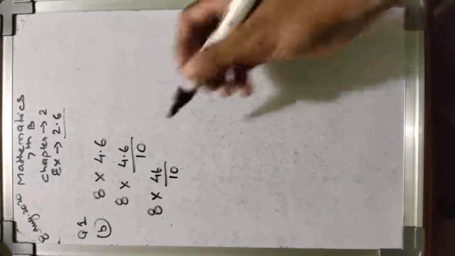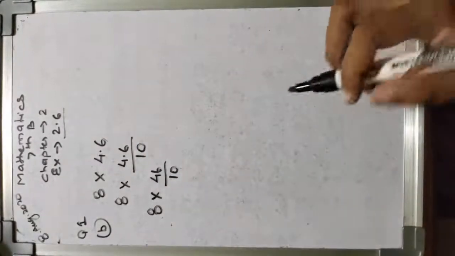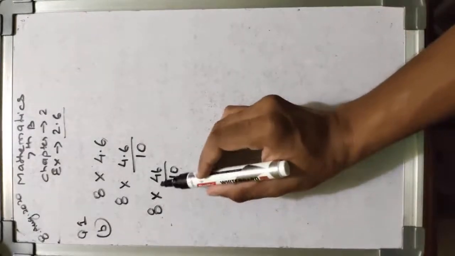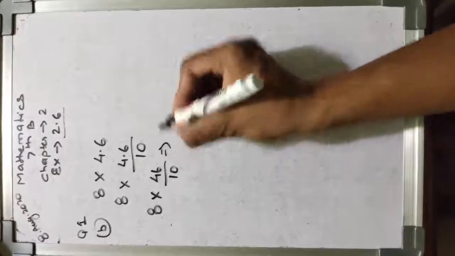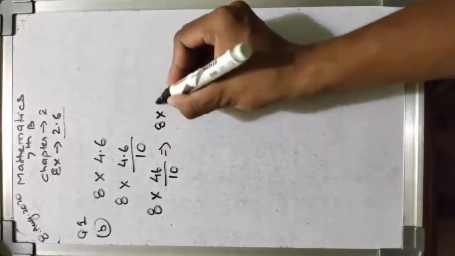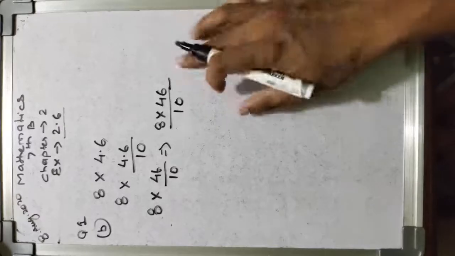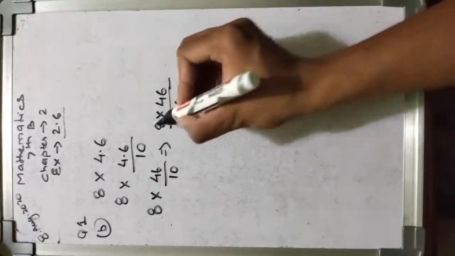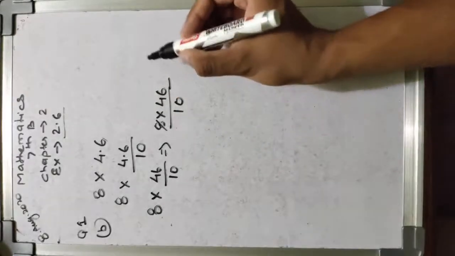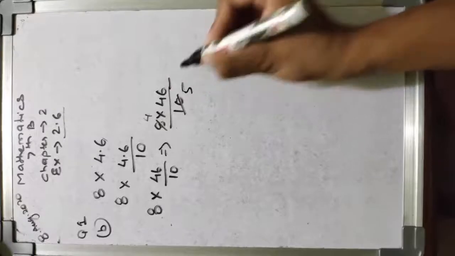Now you can cancel 8 and 10 as well. It will make our calculations easy. 2 4s are 8 and 2 5s are 10.